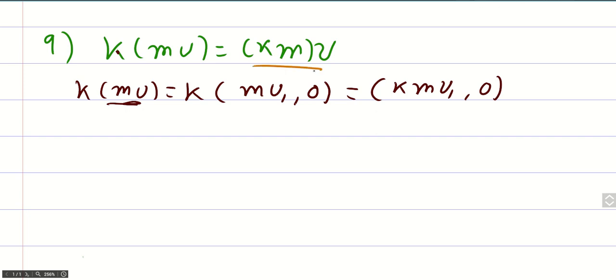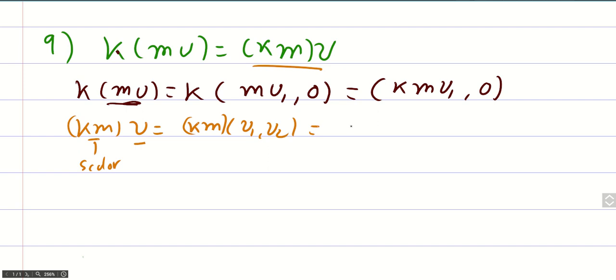And the right-hand side of this expression is km acting as one scalar, there's only one, multiplying this vector u. So we have km multiplying (u1, u2), and after multiplication it is (km u1, 0). These two vectors are the same, so this property is also satisfied.